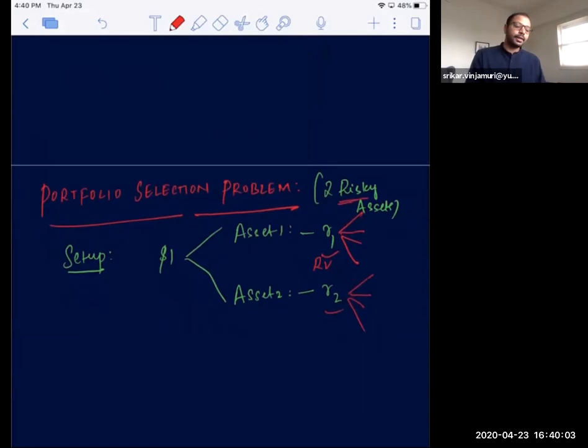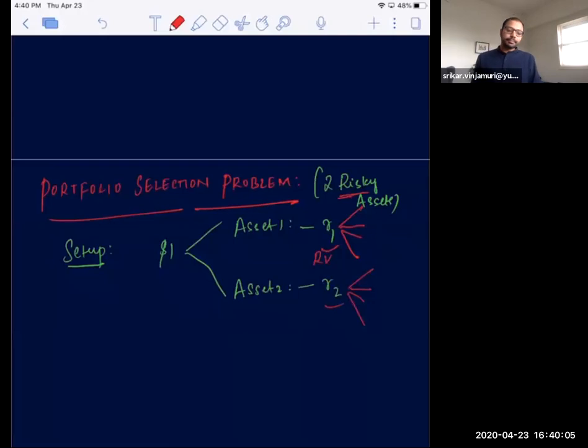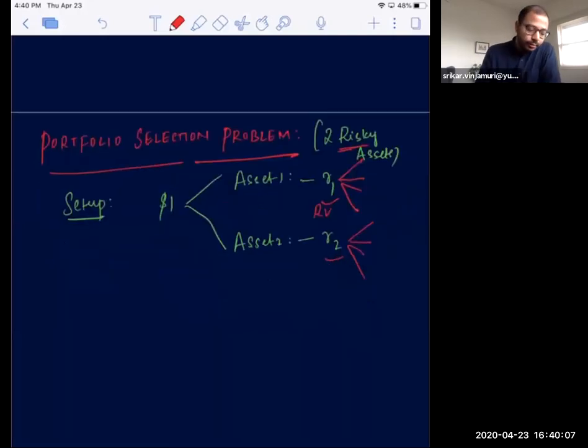All right. So the first thing in this is that we assume that the expected return on the assets are known. We assume that the variances on the assets are known.